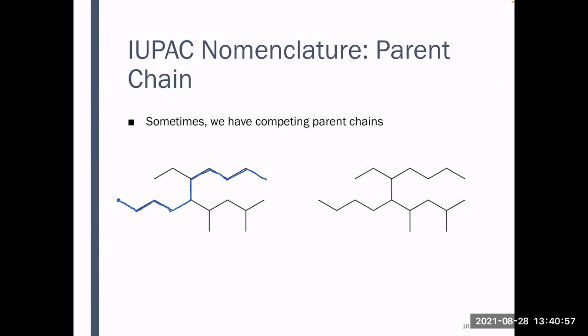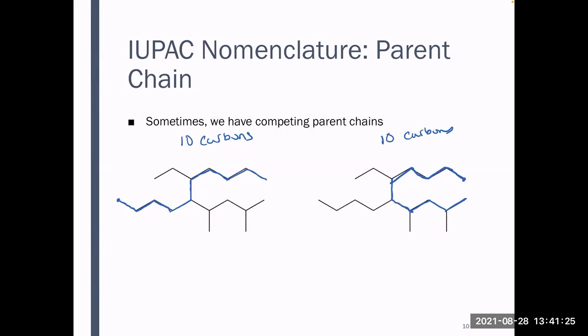So that's a 10 carbon parent chain. But I have another 10 carbon parent chain I could draw. Starting here, 1, 2, 3, 4, 5, 6, 7, 8, 9, 10. So this also has 10 carbons. So you can see here, I have two possible parent chains with the same number of carbons.